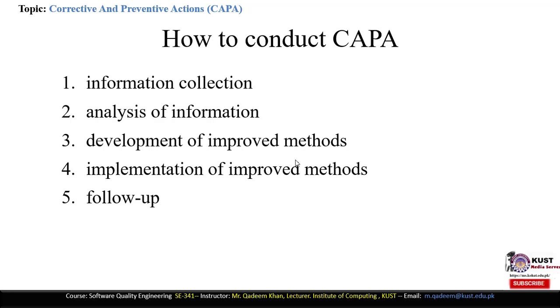Number 4, implementation of improved methods. After selecting the methodologies in step 3, we also are required to implement the improved methodologies. That is the key step here. When the new methodology is implemented, we are expecting that the results of the new methodology should also be improved.